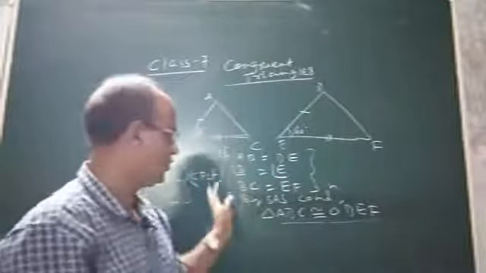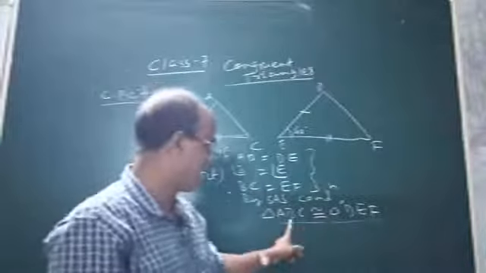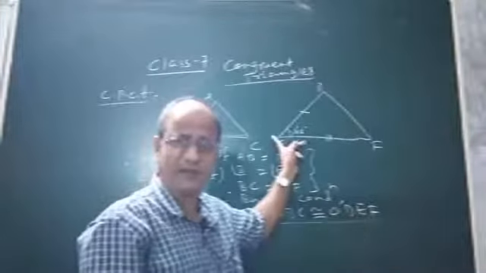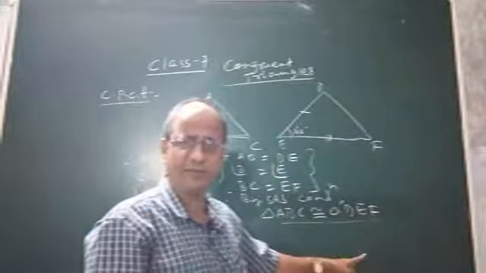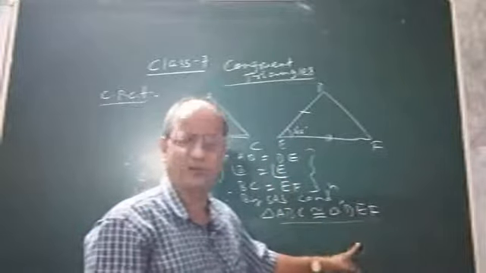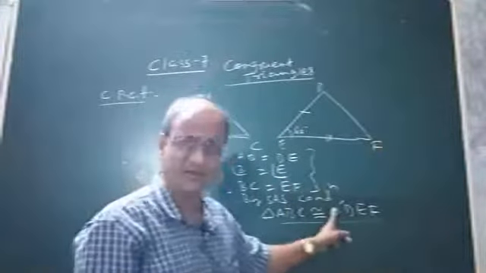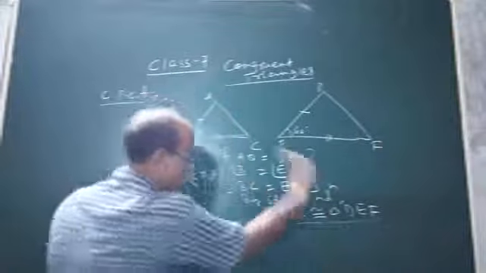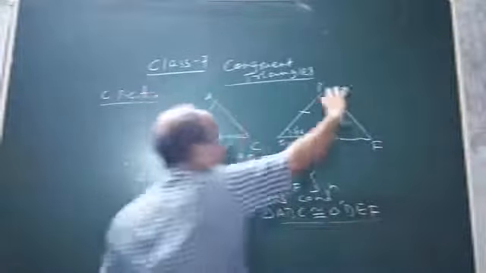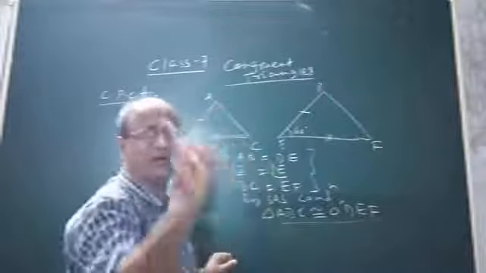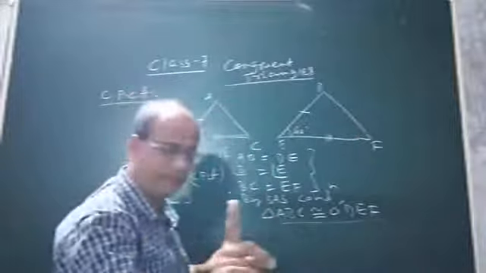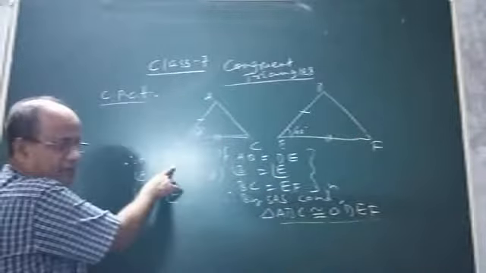So as triangle ABC and triangle DEF in this particular case are congruent by SAS condition, after they became congruent, this side and this side are left and they form one pair of corresponding sides, so they will be automatically equal.